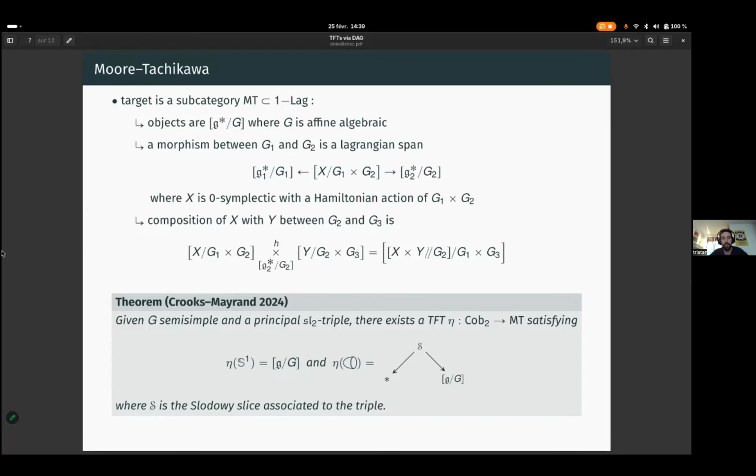The morphism between two groups is going to be, in the initial language, just a moment map. From what I said earlier, I want to see that as a Lagrangian correspondence where I am prescribed a zero-shifted symplectic variety with a Hamiltonian action.